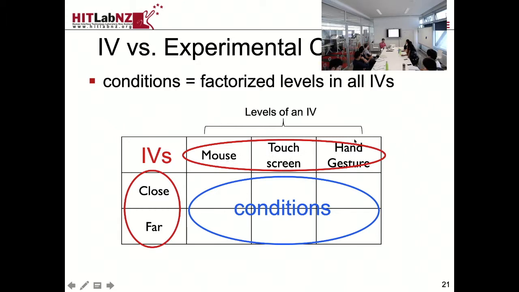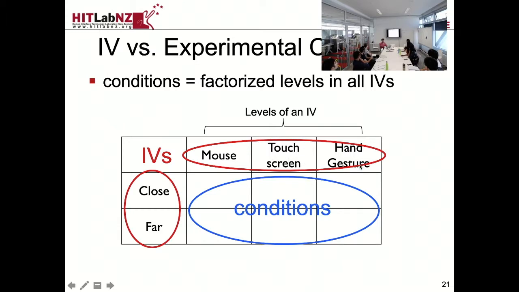So this one is the label, but actually each attribute is the same, right? That is just the input devices. And then this one, maybe we can call distance, right? So distance and the input device are independent variables in this table, but the input device has several levels. Level 1 is a mouse, level 2 is a touch screen, and level 3 is a hand gesture.